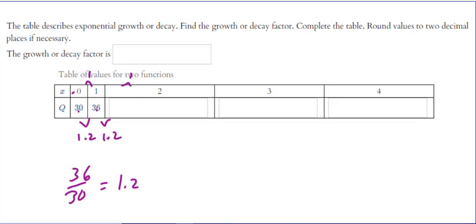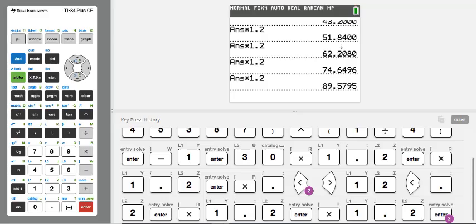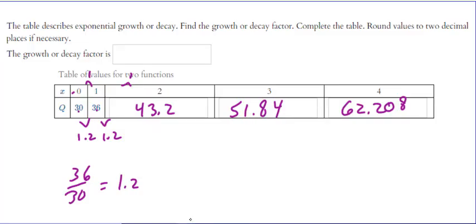So that's 43.2, and that would be 51.84, and that's 62.208. And that's what we got here. If you look at all these, we got that. So you can do that.